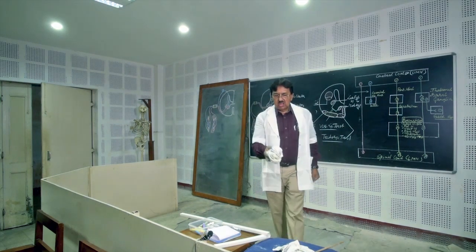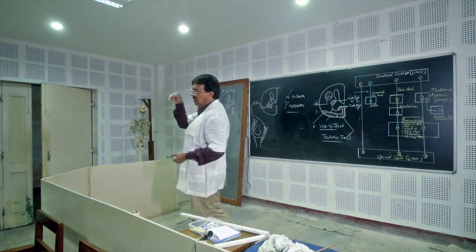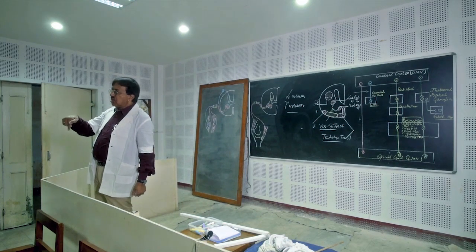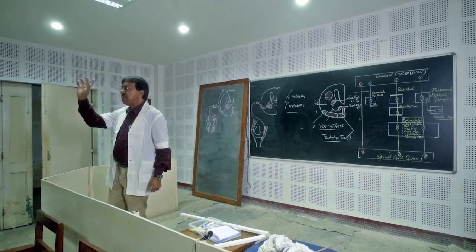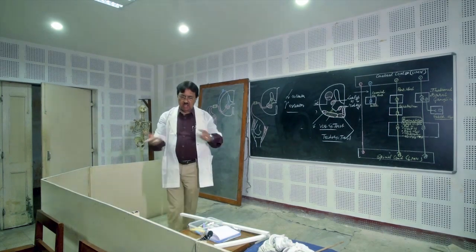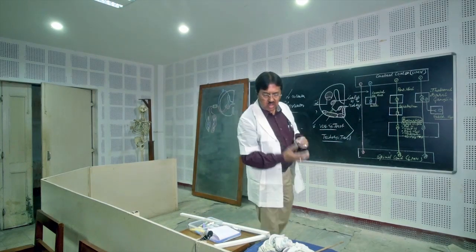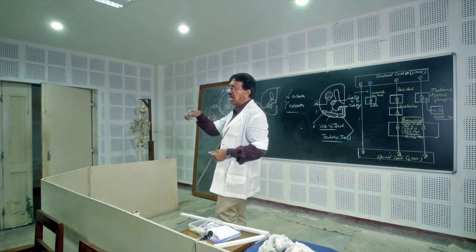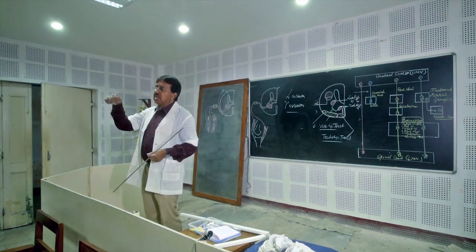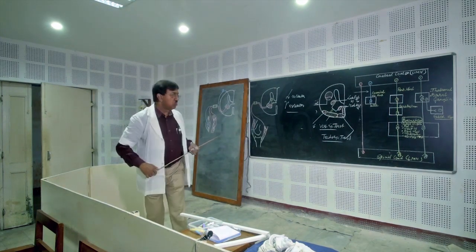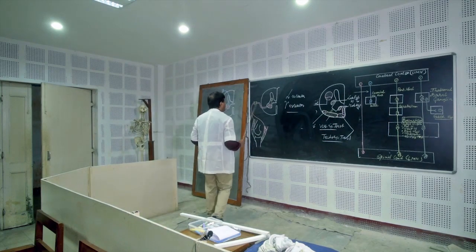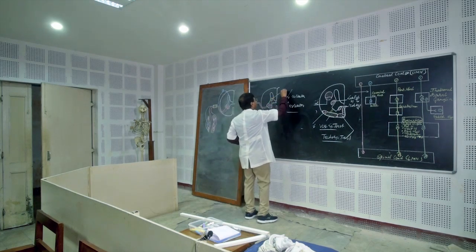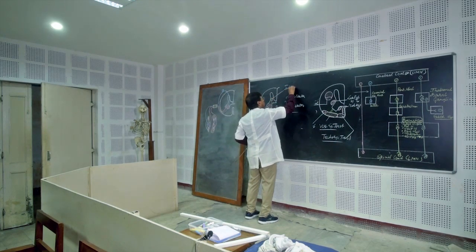So, pyramidal tract projects on the alpha neuron directly as well as indirectly through the interneurons. So you see, this is the interneuron.